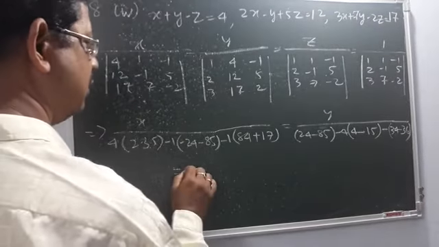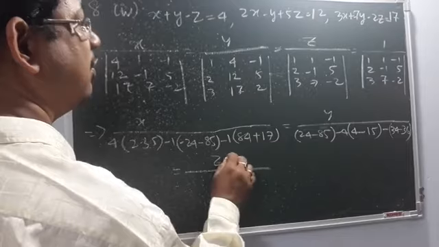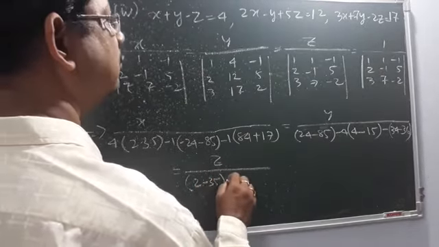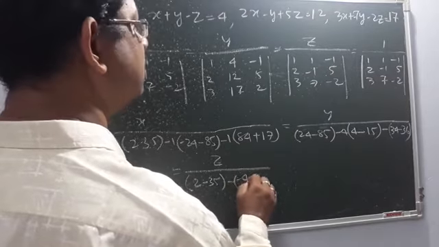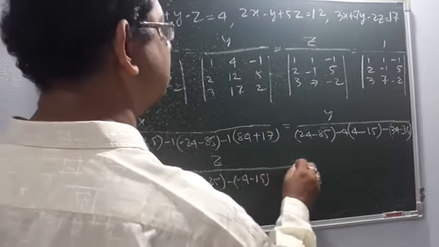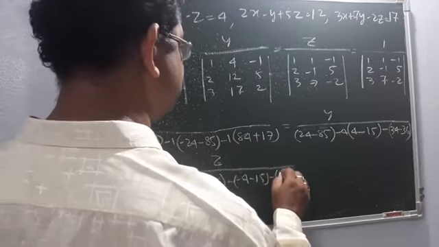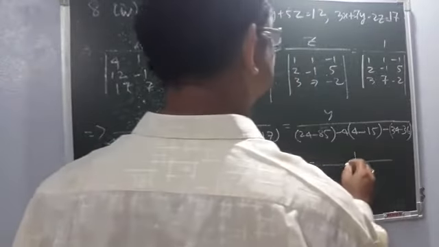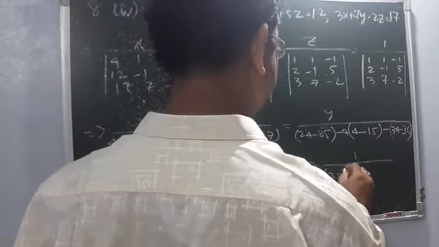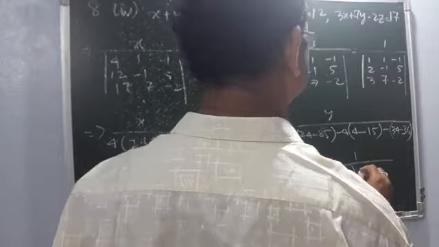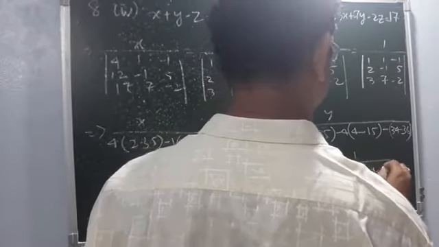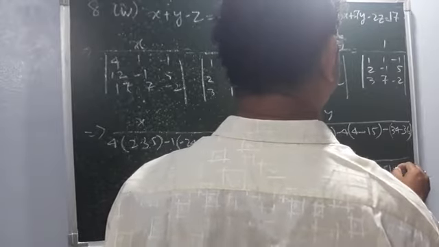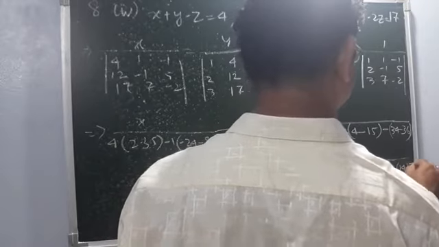Then z divided by 2 minus 35, that is minus 4 minus 15, then minus 1, it is 14 plus 3. Then it is 2 minus 35, minus 4 minus 15, and finally it is minus 14 plus 3.